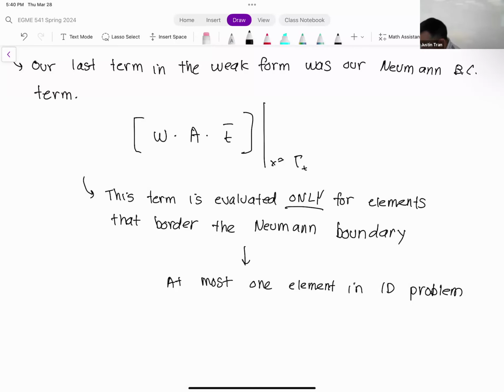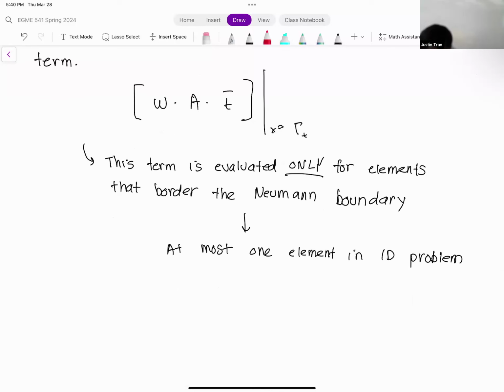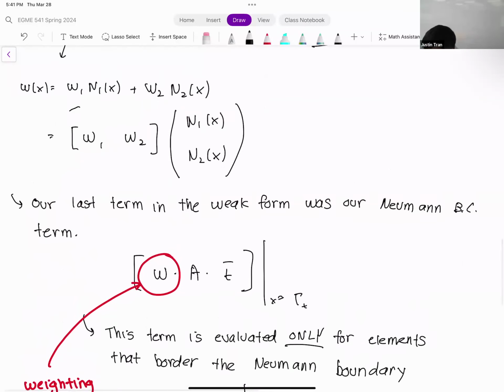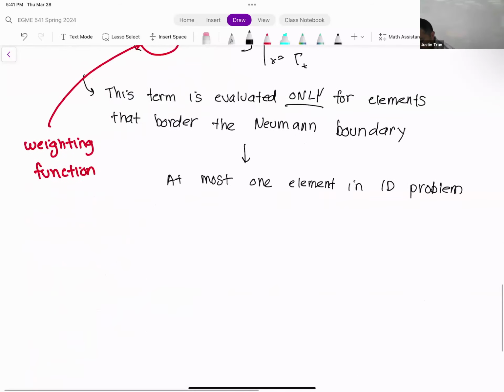Okay, so just like we did with the body force term, we're just going to plug in for our weighting function. And so we're going to use the exact same expression that we had up here. We have W1, W2 vector, and then N1, N2 vector.